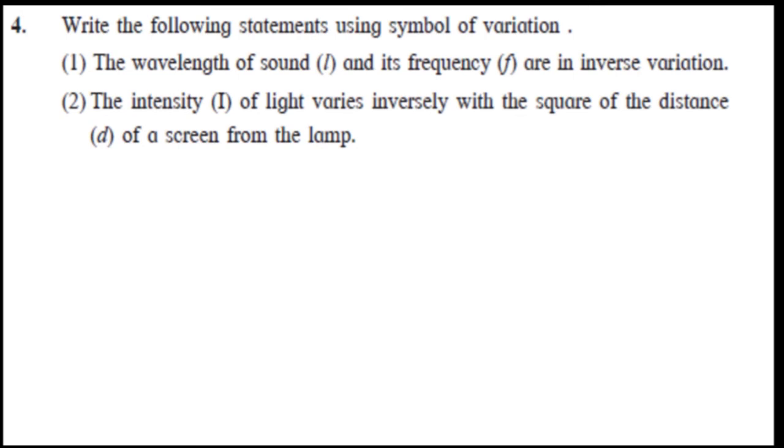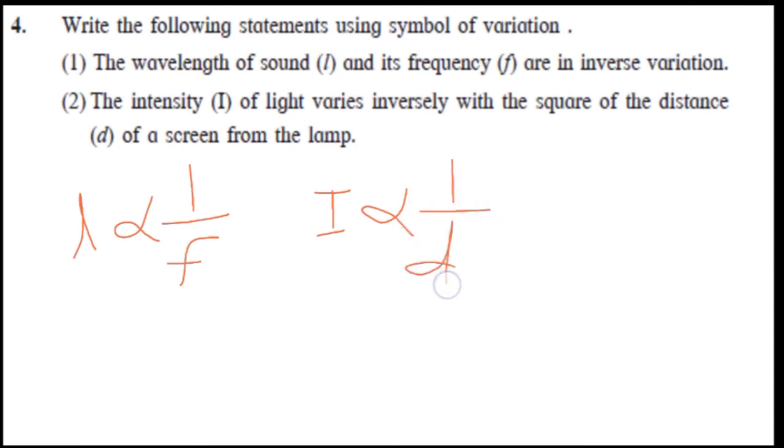Means L is inversely proportional to F or directly proportional to 1 upon F. Second, the intensity I of light varies inversely with the square of the distance d of a screen from the lamp. Means I is proportional to 1 upon d square.